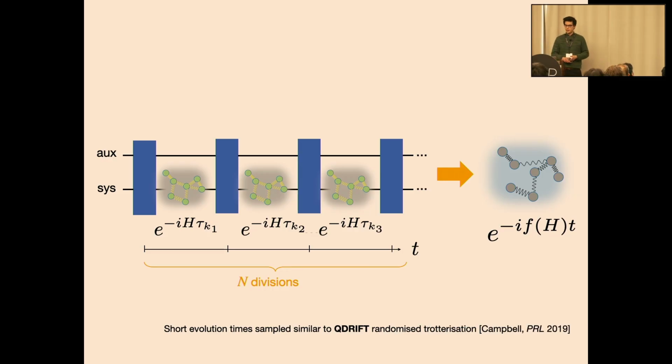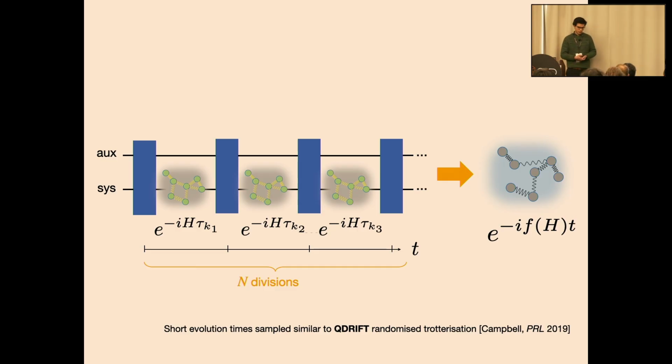So a schematic of the algorithm is as follows. What we do is alternate between applying some fixed gates, in blue here, which may contain some correlated randomness, and applying short bursts of the evolution of the Hamiltonian that we're given as a black box, described here by this molecular picture.